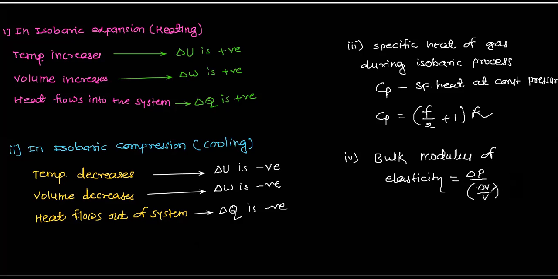Here delta P is 0, because change in pressure is 0. If someone asks you the bulk modulus formula, tell them: change in pressure divided by change in volume by original volume. Okay, got it? So note this down fast.